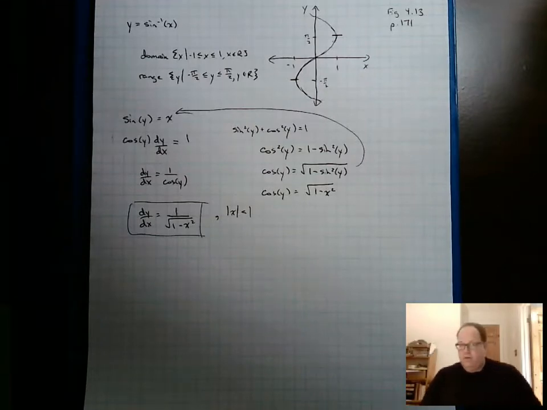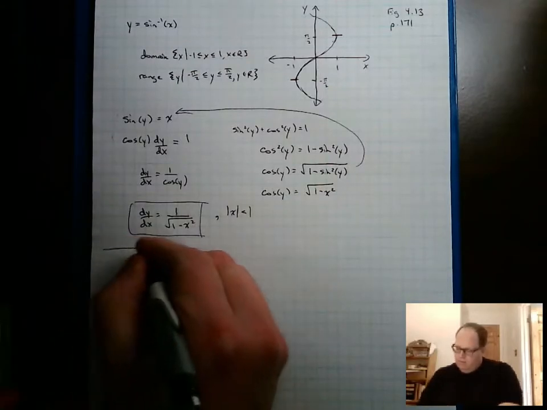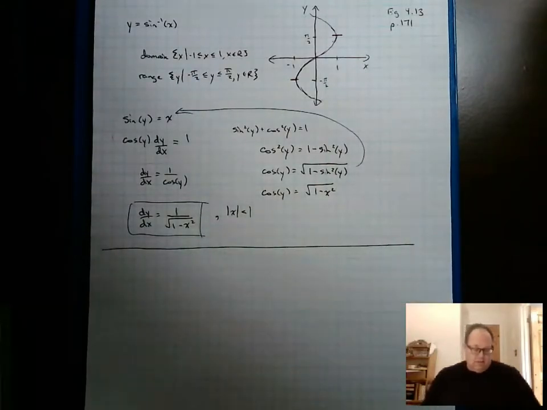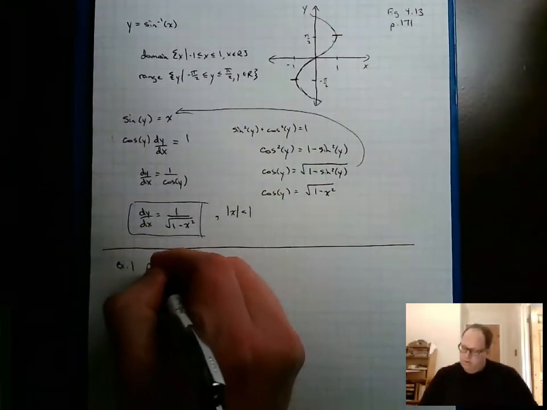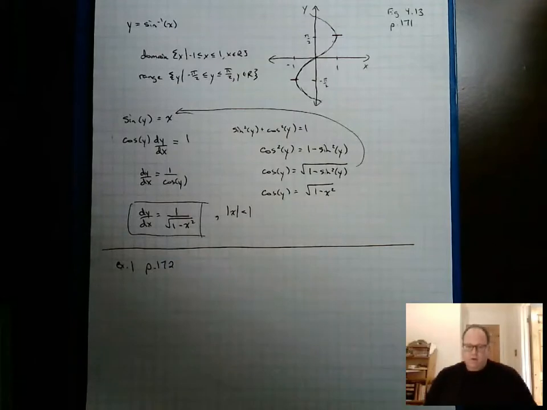One other thing I'll mention as I go a bit further into examples. So, I will start with basically example 1 on page 172. Which is a straightforward means of applying what we just worked out.